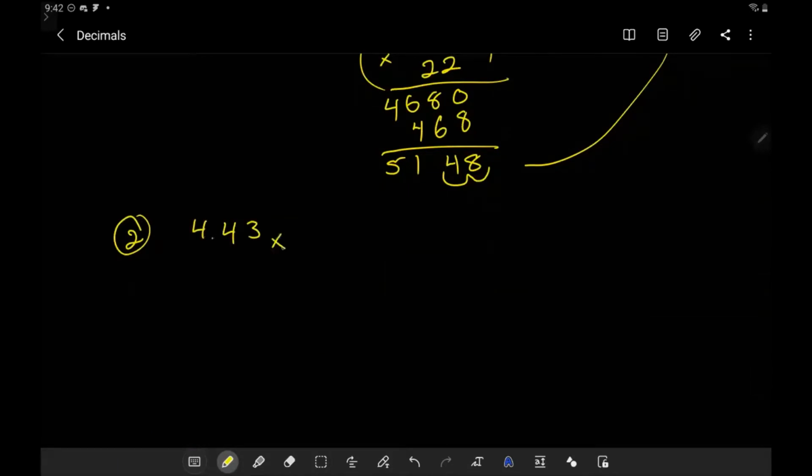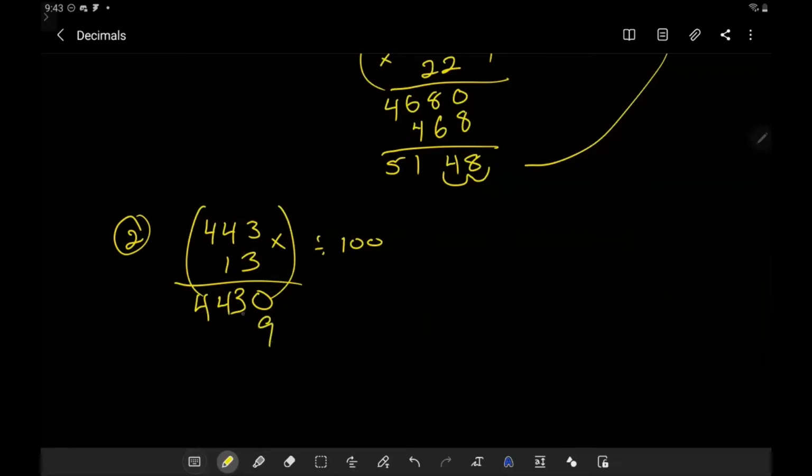So number 2: 4.43 multiplied by 13. We ignore the point, and then we divide by 100 after. Multiplying by 1, that is not bad. 3 3s are 9, 3 4s are 12, 3 4s are 12, and 1 from the 12 before will give us 13.